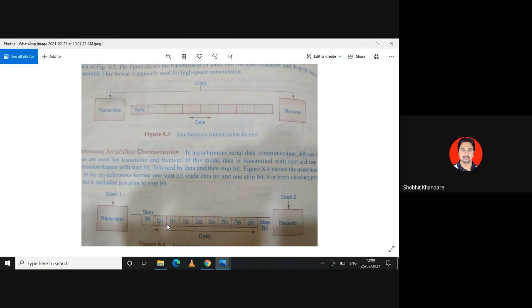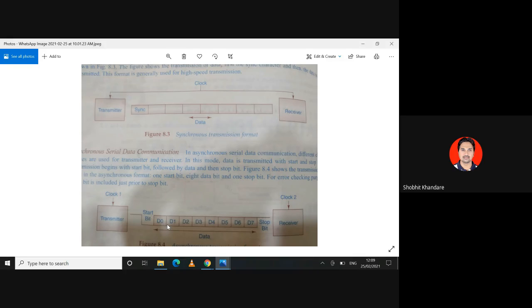You can write an example. If the baud rate is 9600, its unit is baud.